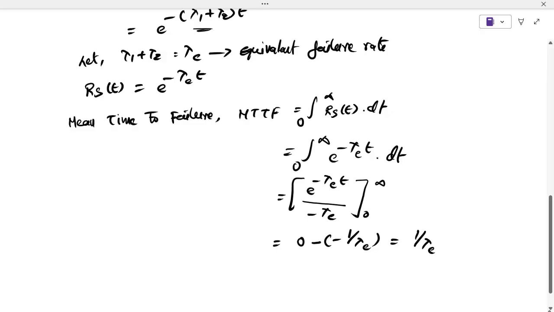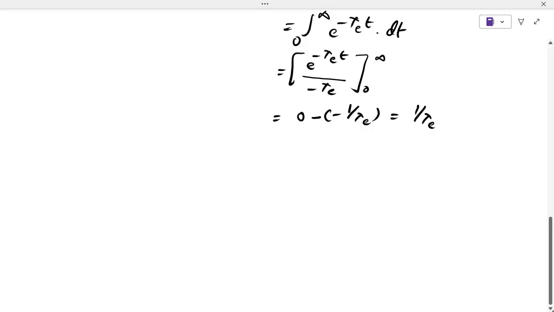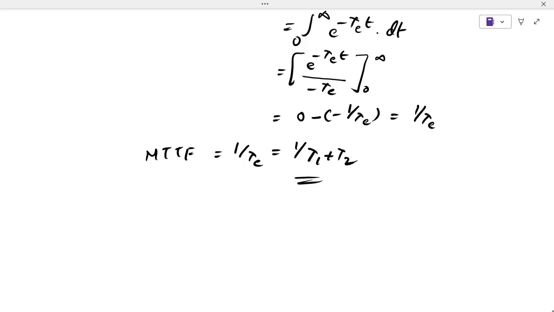So now what is this mean time to failure reliability measure? MTTF of a series system using time dependent probability evaluation is 1 by lambda e, where lambda e is the equivalent failure rate, that is equal to 1 by lambda 1 plus lambda 2. So this is the mean time to failure when two components are connected in series.